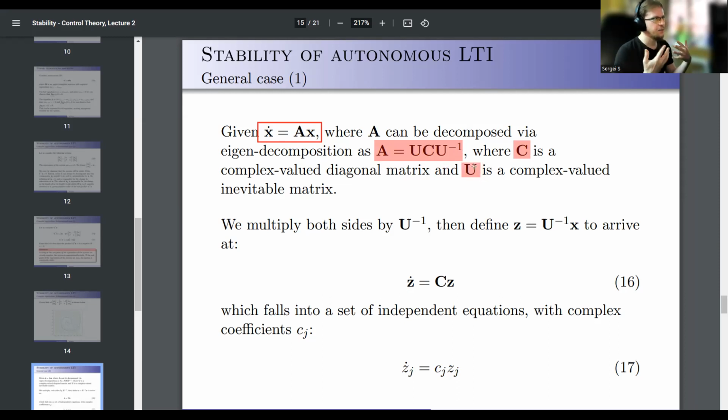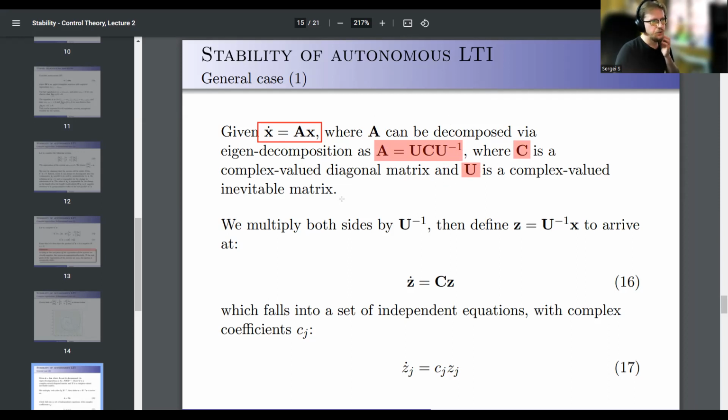So we have eigendecomposition, but no longer with real numbers, now with complex numbers as well. That decomposition, as far as I know, is extremely typical. Most matrices can be decomposed in this way. So this is actually very practical.